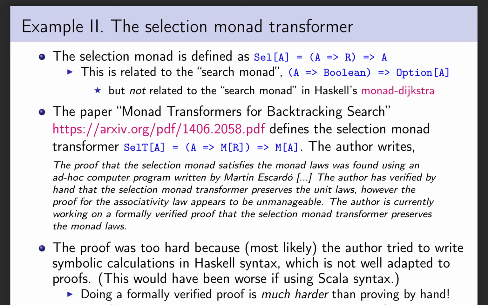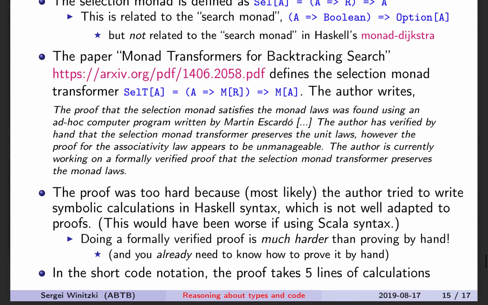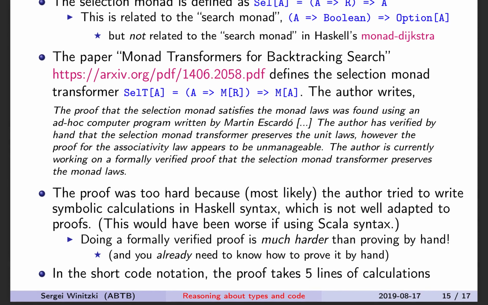The author is currently working on a formally verified proof that this law is satisfied. All right, well, good luck. Because if you don't know how to prove it by hand, I don't think a computer will help you. Very often you can't just guess how to prove it using a formal tool like a computer proof assistant or something like that.